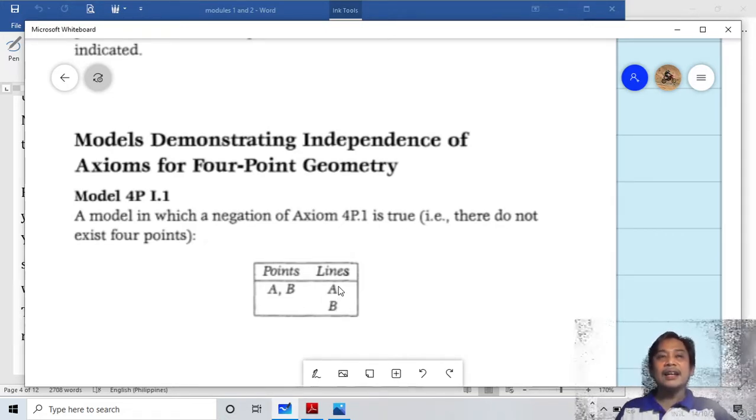Axiom 3 is also true because there is only one line here and such line contains 2 points. Meaning, axioms 2 and 3 are true even if axiom 1 is false. Therefore, axiom 4P.1 is independent of the other 2 axioms.